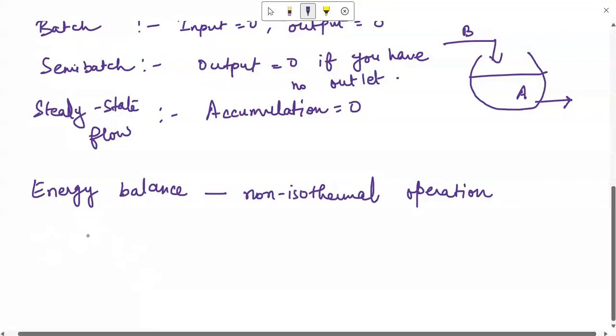So accumulation of heat within the system.